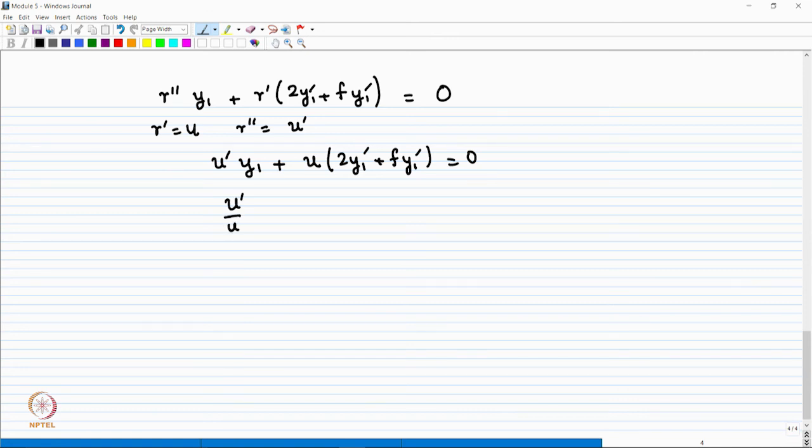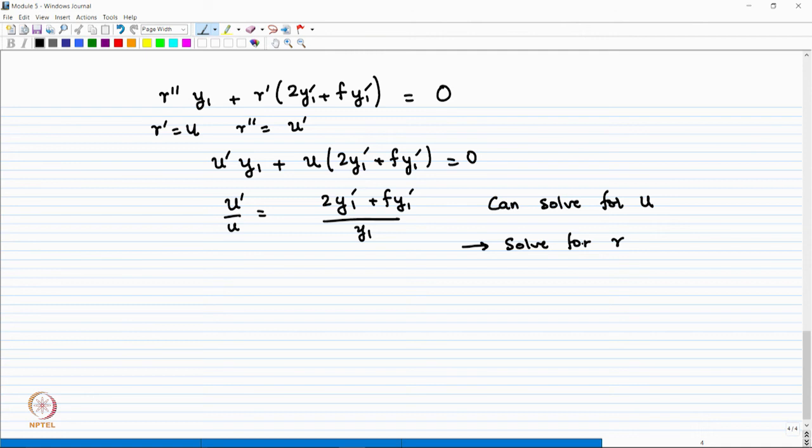So u prime by u is equal to 2 y1 prime plus f y1 prime divided by y1. Once you have solved for u, from u you can solve for r, and y2 is equal to r y1.